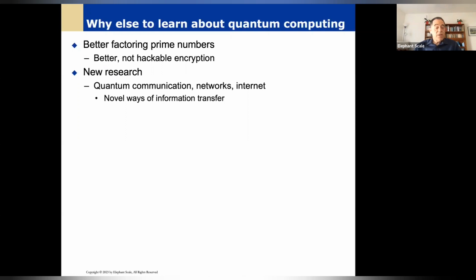Another fact, as I mentioned, is that the quantum computer can factor large numbers into primes, and it can do this fast. All of our unhackable encryption is based on the fact that it's very hard to break large numbers into prime components, and therefore our normal computers cannot do it.